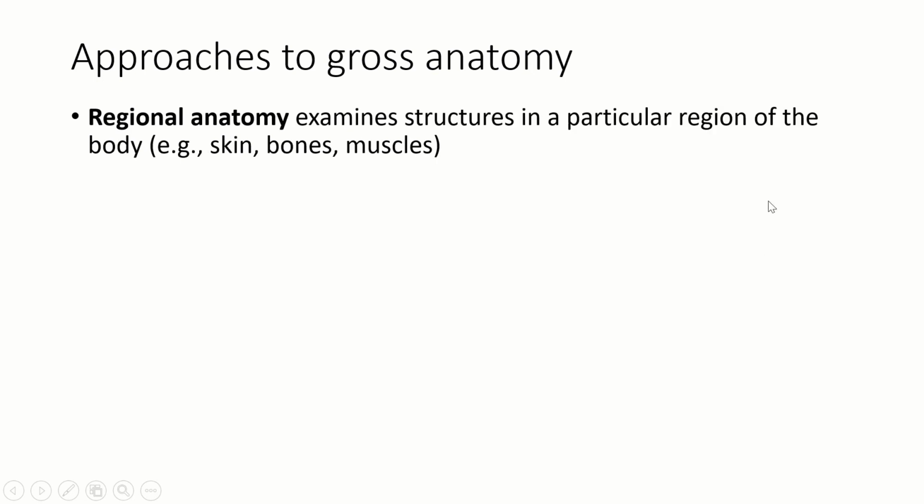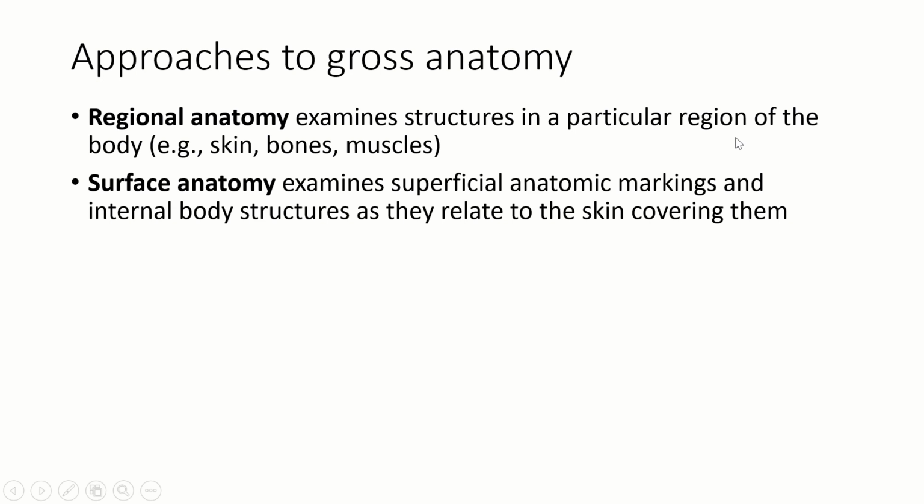Now we can also talk about regional anatomy. That is the structures of a particular part of the body. So we're going to talk about the skin, we're going to talk about the bones, but we're also going to talk about the structure of the arm, the structures of the head. We can talk about surface anatomy, which are all the superficial anatomic markings and how those are created by the structures underneath them.